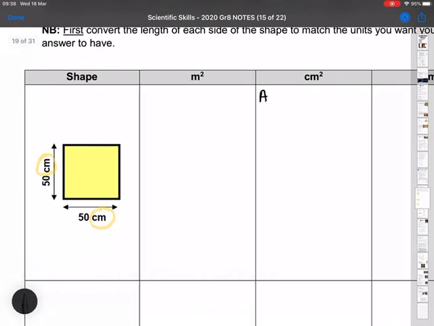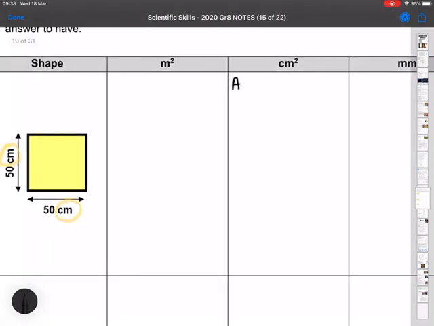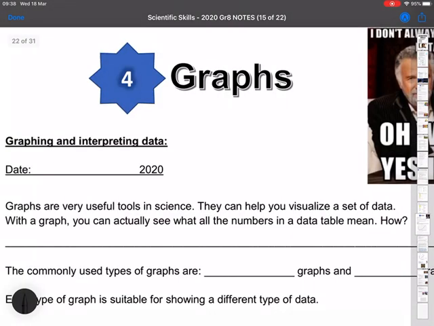So in centimeters, area, we always write down the formula first. Area equals length times breadth. The length is 50. I can write centimeters if I want to, I don't have to. 50 centimeters by 50 centimeters. And 50 times 50, if you work that out on your calculator, will be 2,500.